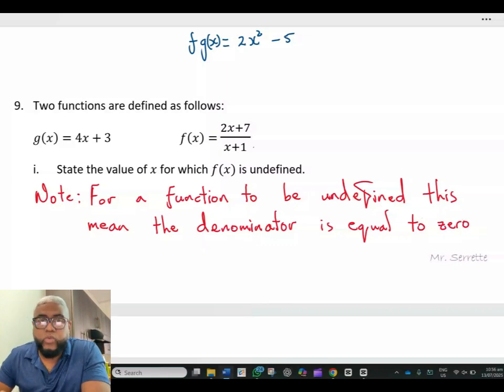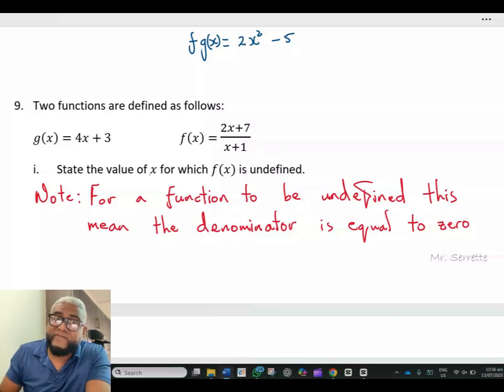Meaning that whatever the denominator is, you equate it to 0, and if they want you to find the value of x, you find x. So I'm going to write all that.